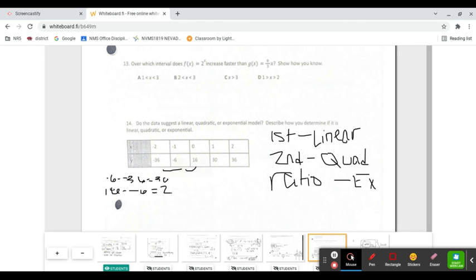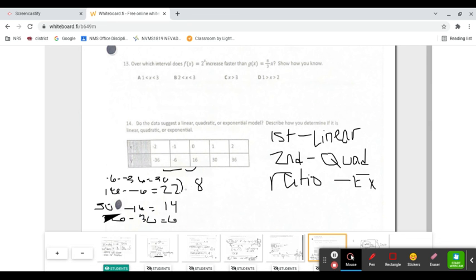I can tell right here that it's not linear, but I'm going to keep going because I'm going to have to keep doing these for quadratic as well. So 30 minus 16 is 14. And 36 minus 30 is 6. So I can tell right here, the differences are 30, 22, 14, 6. It's definitely not linear. So I'm going to keep going and do the second difference.